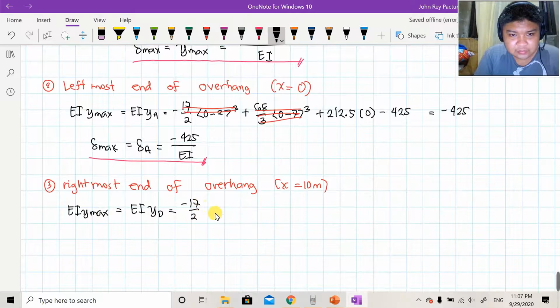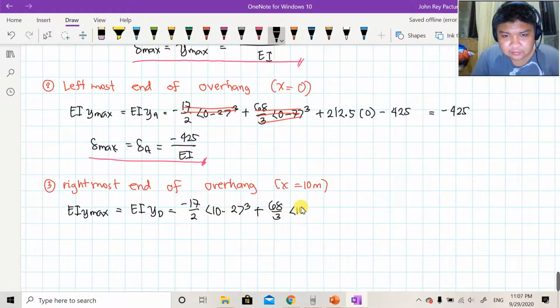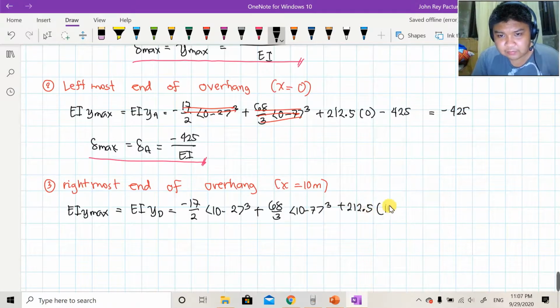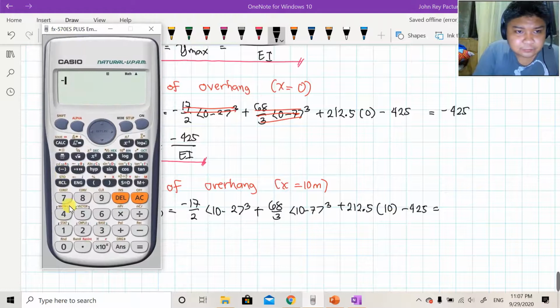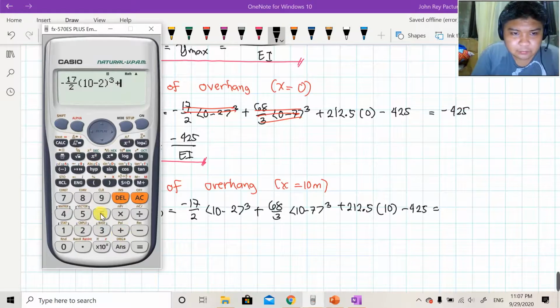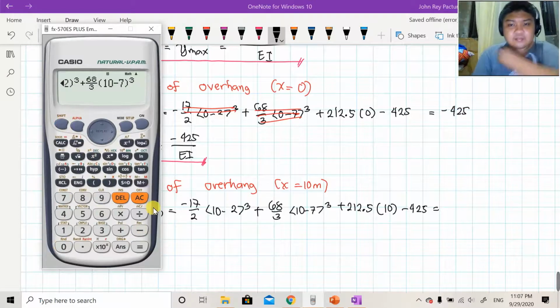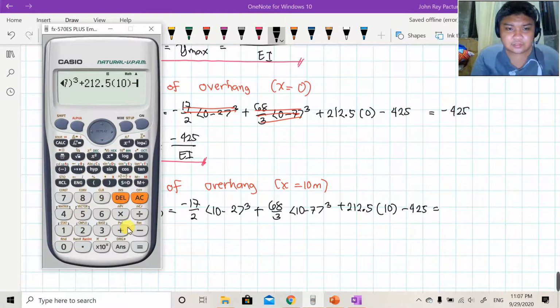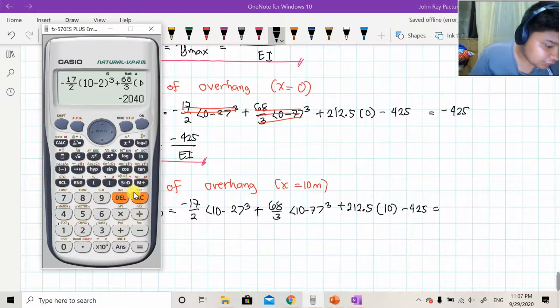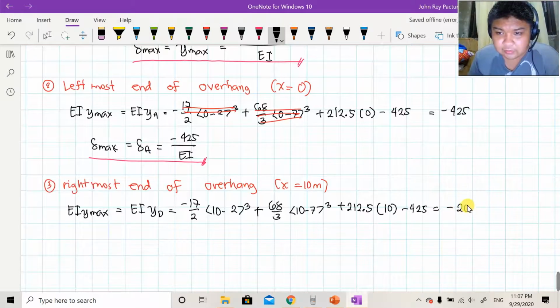So, negative 17 over 2, 10 minus 2 cube, plus 68 over 3, 10 minus 7 cubed, plus 212.5 times 10 minus 425. When we compute this, the result is negative 2040. Right? So, negative 2040.